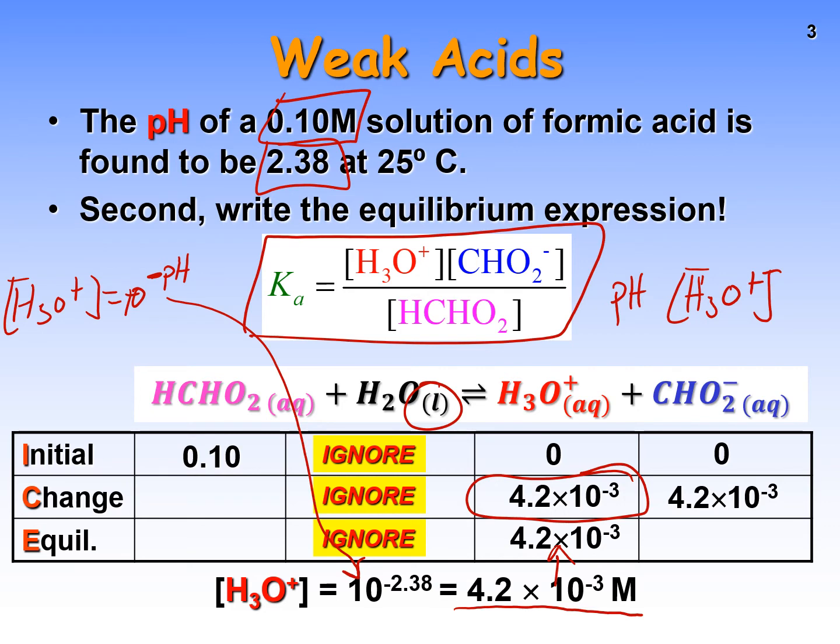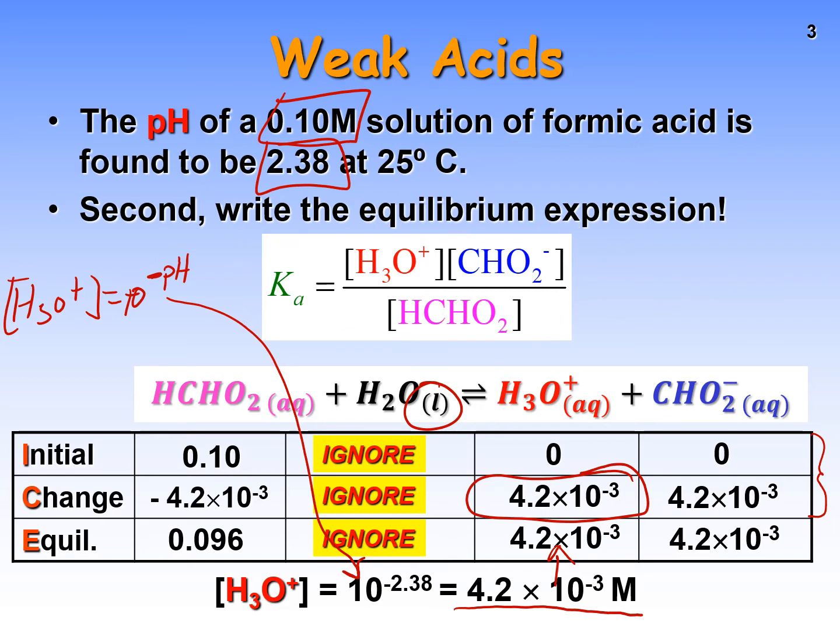It would have to be equal to H3O plus, and for formic acid, it has to be negative 4.2 times 10 to the negative 3. This allows me, as we did in the last chapter, to add these two rows together and get my equilibrium concentrations for everything. And after this, now I can just plug into this equilibrium constant expression.